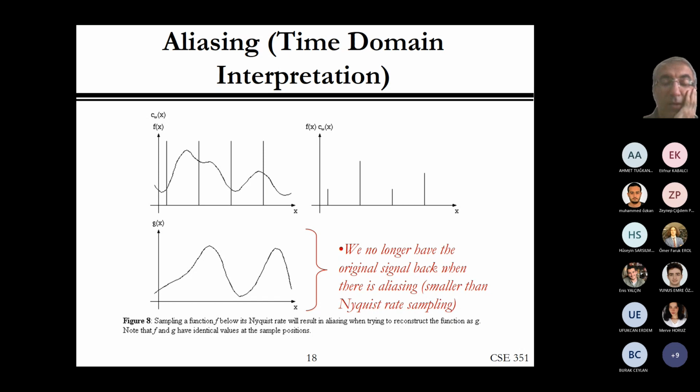For instance, if I follow the Nyquist rate in this example, I may need at least maybe 8 samples so that I can reconstruct this original signal. But because I reduced the number of samples to represent this signal, I lost some information, and the reconstructed signal is this, and it's way different than the original signal. So this is the effect of aliasing in the time domain.